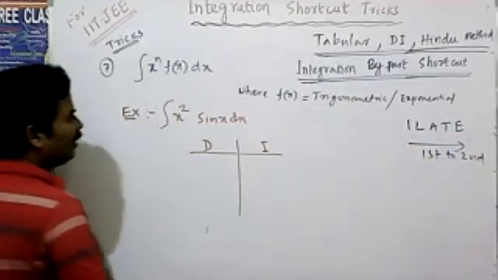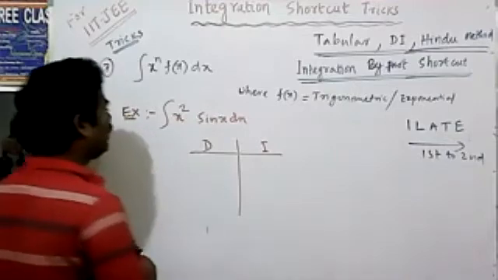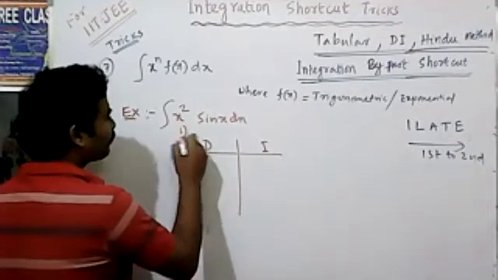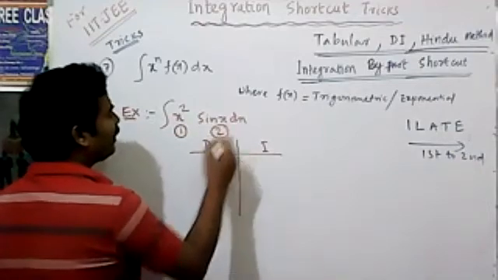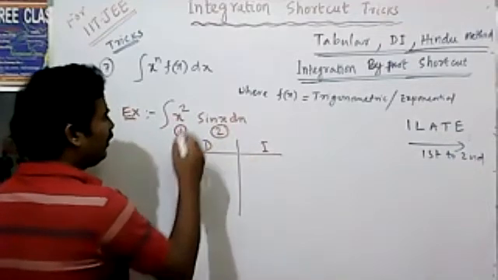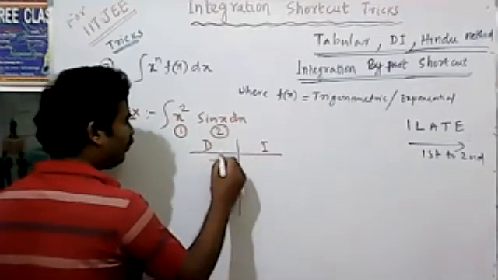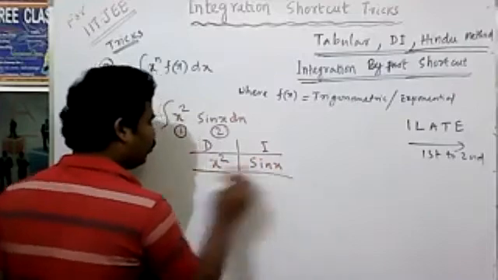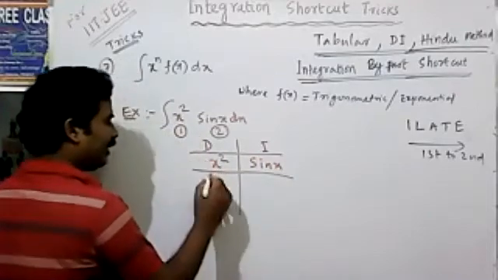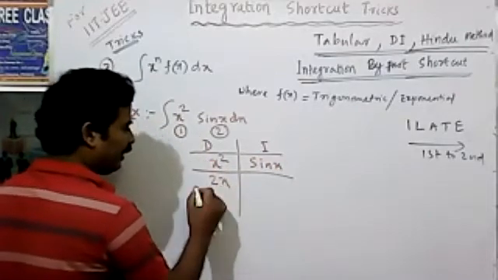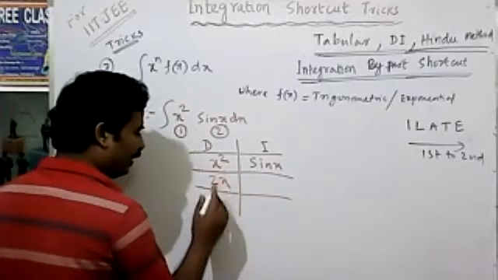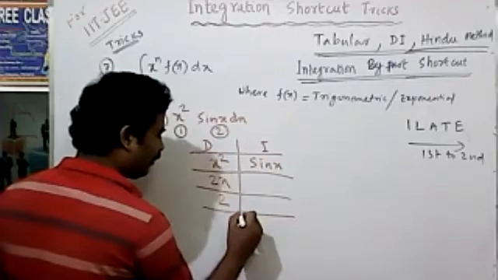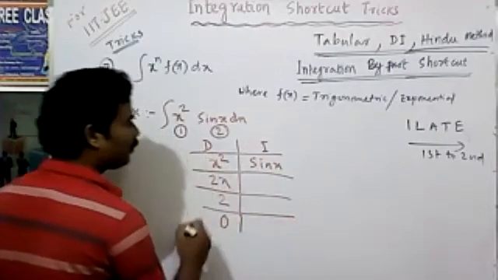So here x square comes first, this is the first, and this is the second. You have to take x square and sin x. Now find the derivative: that is 2x. Then the derivative is 2. Then the derivative is 0.